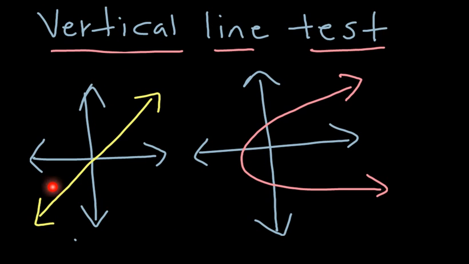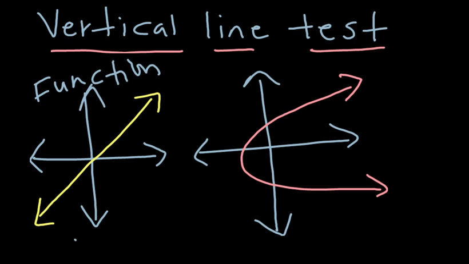We're looking at just the yellow line. If I was to draw a vertical line anywhere on this graph, would it touch more than one spot on the yellow line? No. So that means it's a function. It passed the vertical line test. Okay, this one is a function.